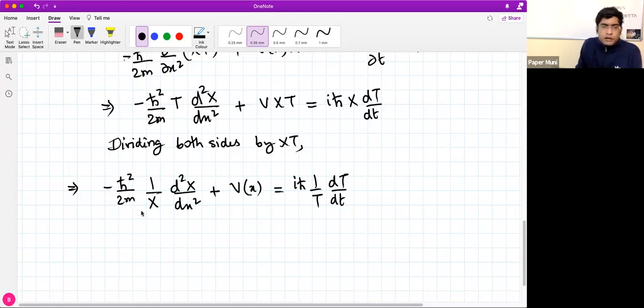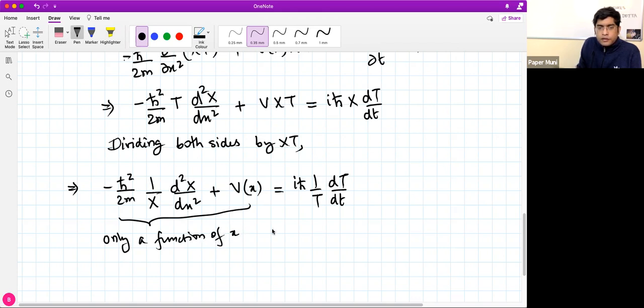Now since on this side it is only a function of x, all right, only a function of x, and this side it's only a function of time.